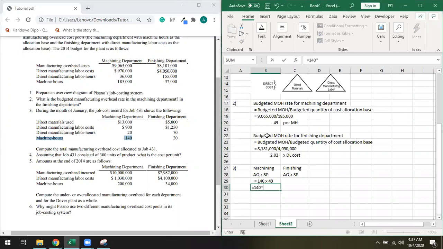So we get $6,860 of manufacturing overhead cost allocated.